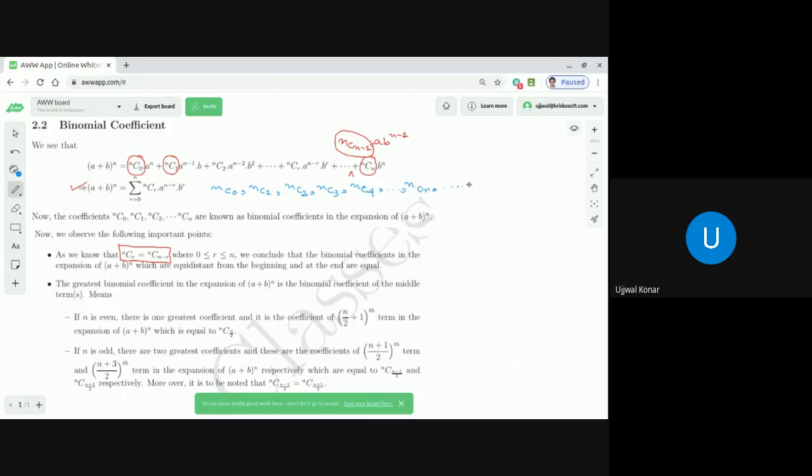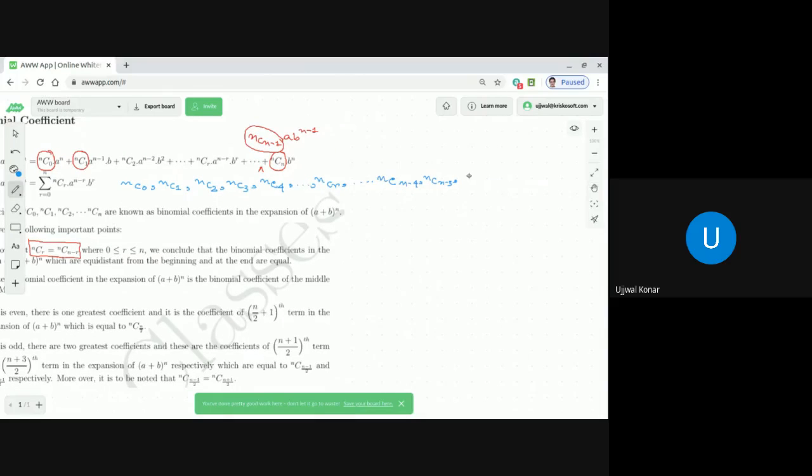So you will get nCn minus 4, nCn minus 3, then nCn minus 2, nCn minus 1, and nCn. This is the way the binomial coefficients are distributed from left to right as the expansion goes on.